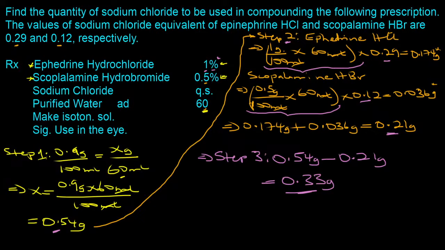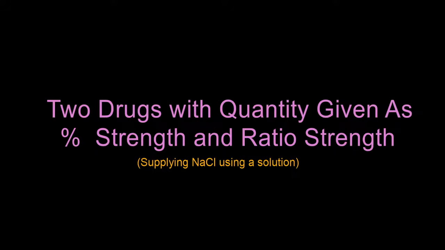Let's move on to the next type that you're likely to see. There are situations where you are actually going to have two drugs, one of which has a concentration as a percentage strength and the other as a ratio strength.